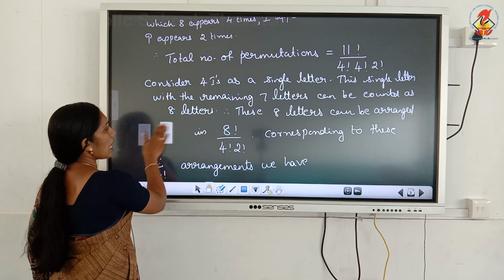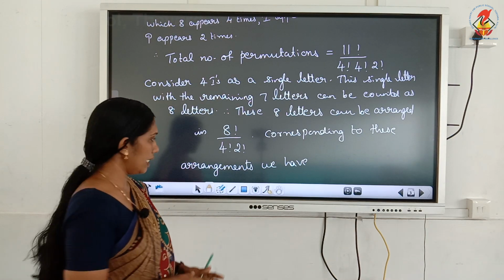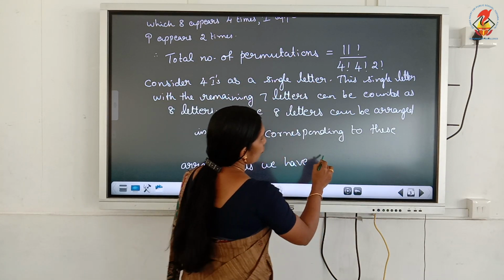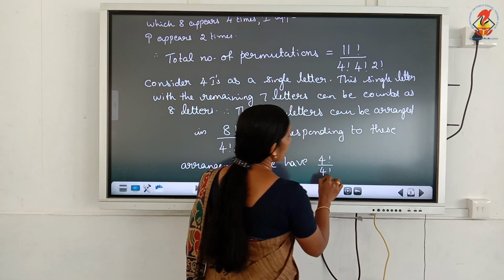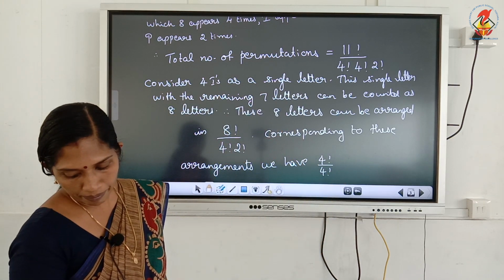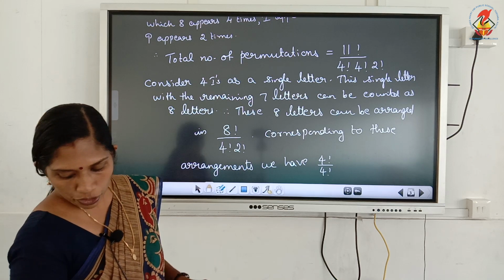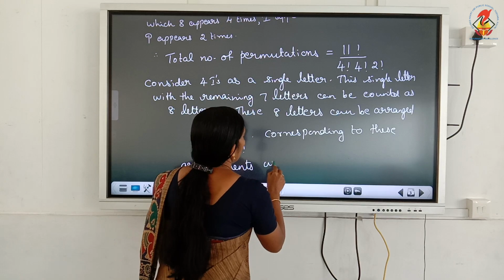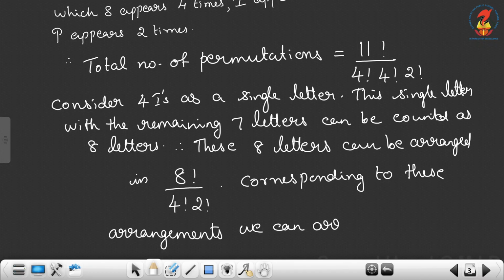But here it is I. All 4 are I. So corresponding to these arrangements we have 4 factorial by 4 factorial arrangements of I. That is same as 1.